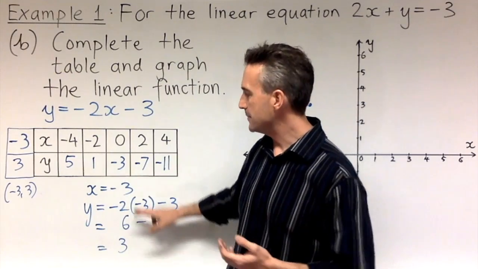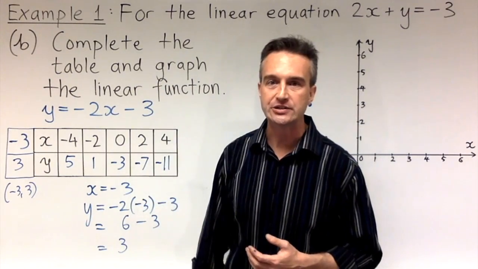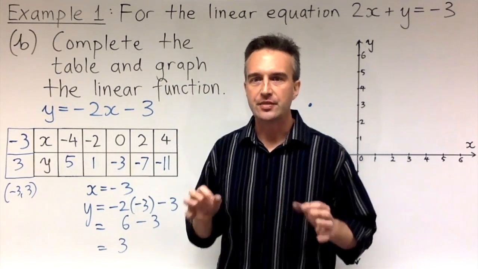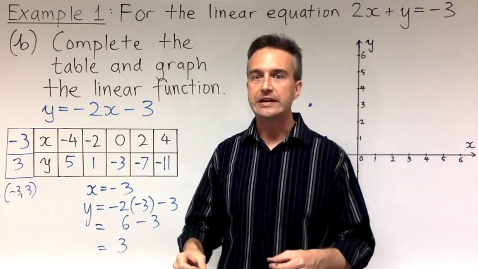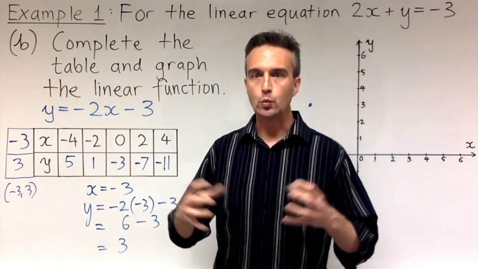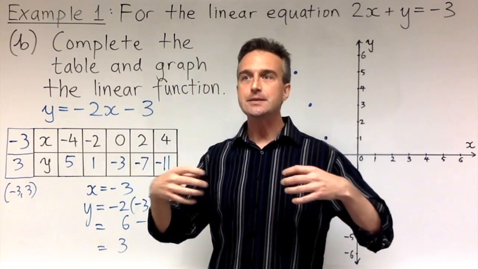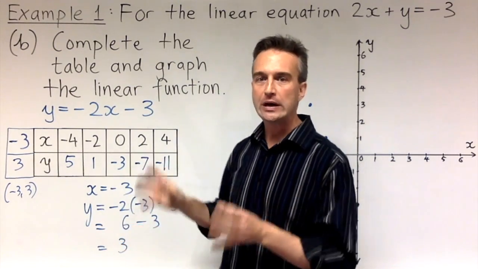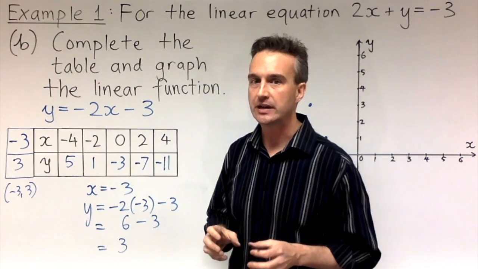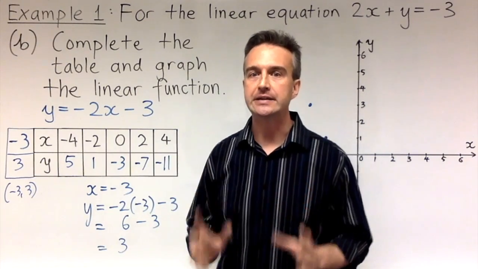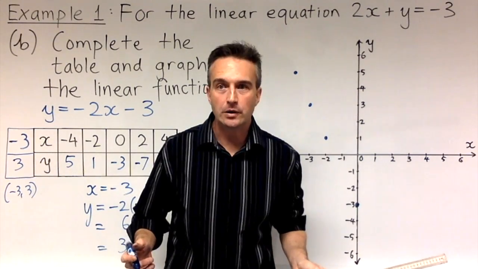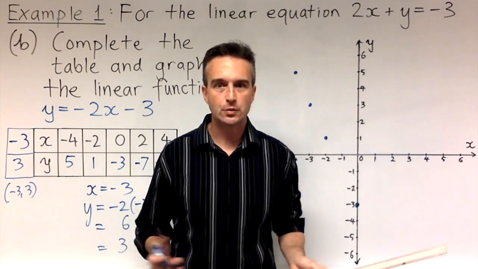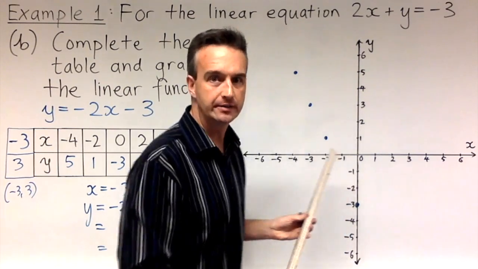The y value came from the original equation. It was not our choice. That is why the y value is called the dependent variable. We choose the x values. It is an independent variable. But the equation dictates the y value. That is why it's called the dependent variable. So we now have 3 points. Actually, we have 4. So we are ready to graph our straight line.